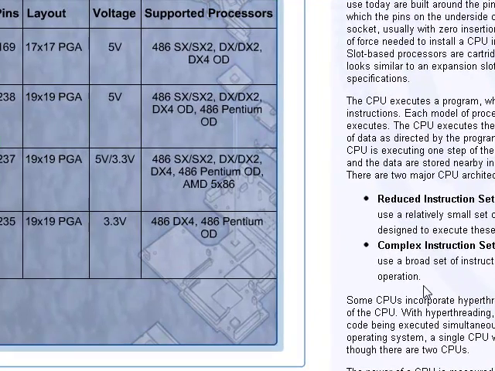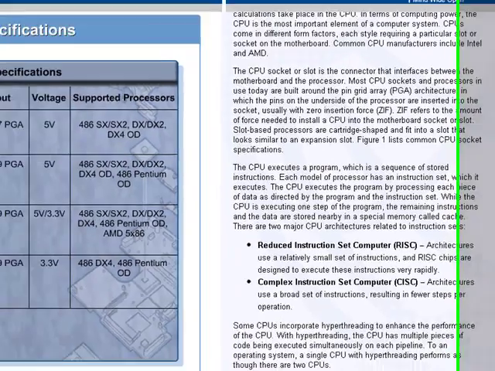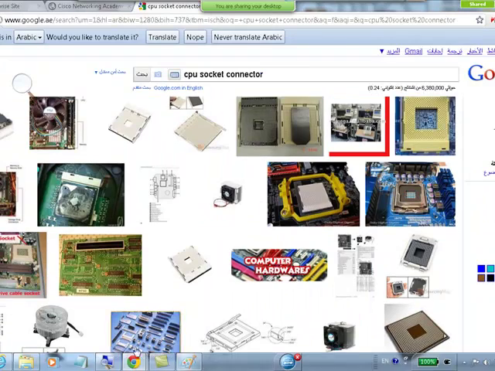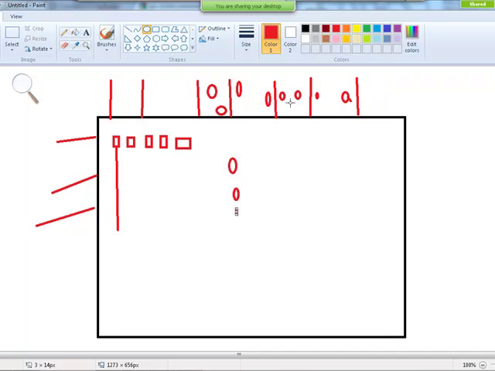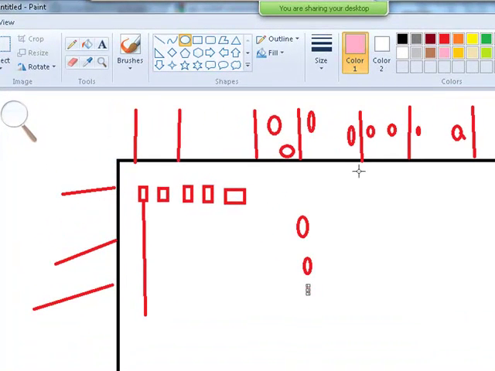Coming to the other architecture, which is called complex instruction set computer. In this architecture, we use a broad set of instructions, resulting in fewer steps per operation. Whenever you use a broad set of instructions, that leads to fewer steps of operation. What kind of steps can we have at the operation level? For example, you get the instructions on the CPU.